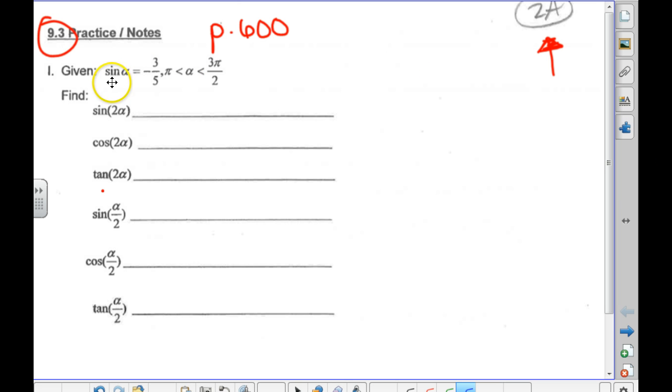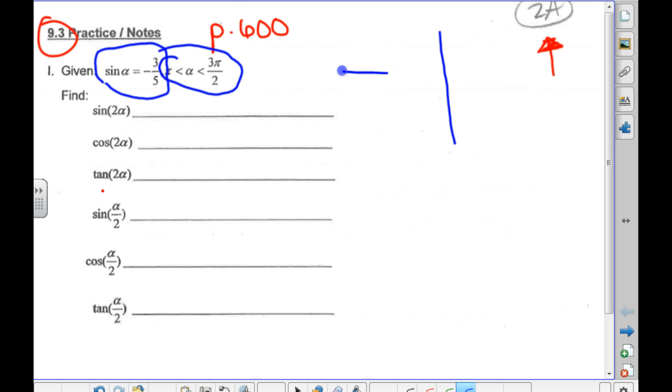The sine of alpha is -3/5, and it is located between pi and 3 pi over 2. So between pi and 3 pi over 2 tells us that it is in quadrant 3. If we draw the triangle with the x-axis in quadrant 3. Now, I need to be very clear on something.